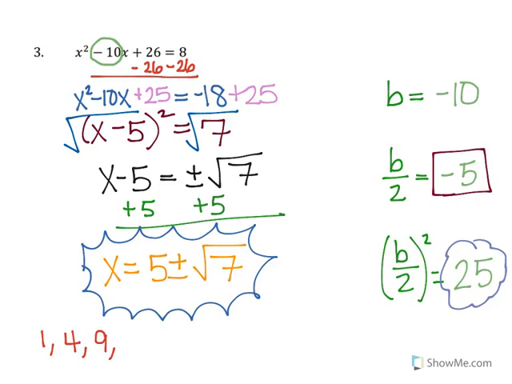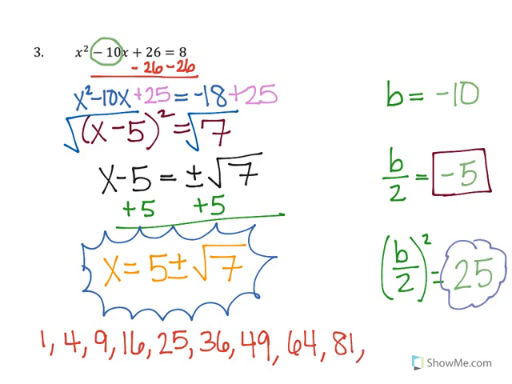So on to 4 squared, 16, 5 squared, 25, then 36, 49, 64, 81, 100, 121. I can't fit much more, so but you get the picture. So anything that you can take the square root of and you'll get a nice whole number would be considered a perfect square.